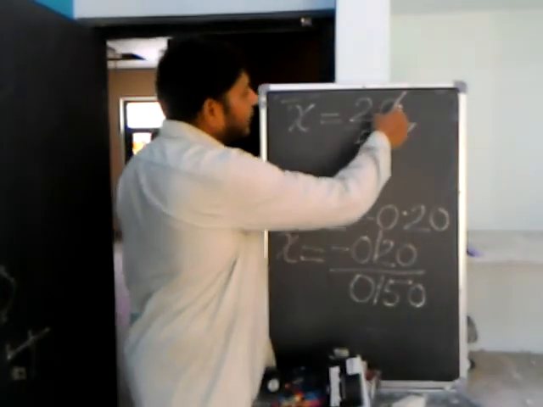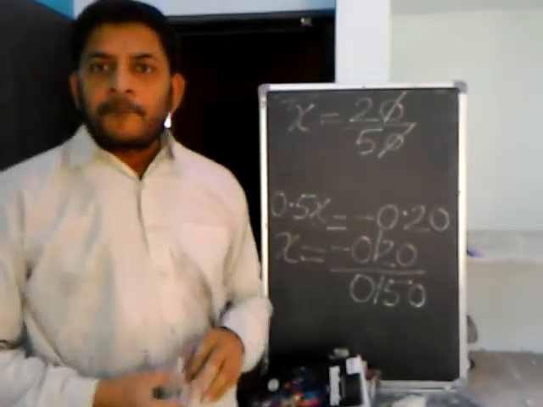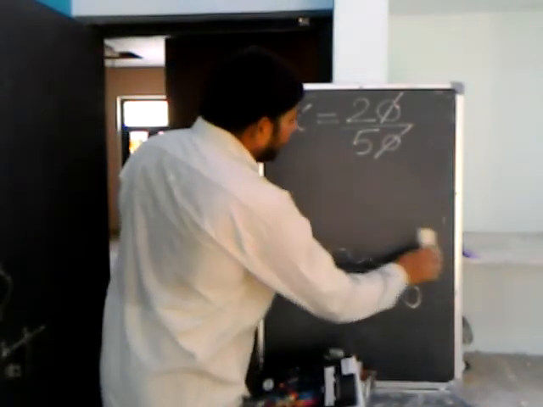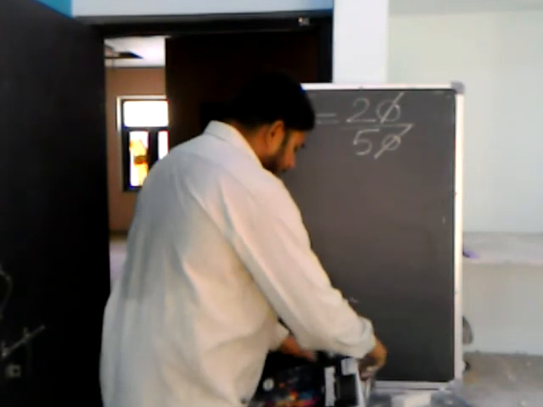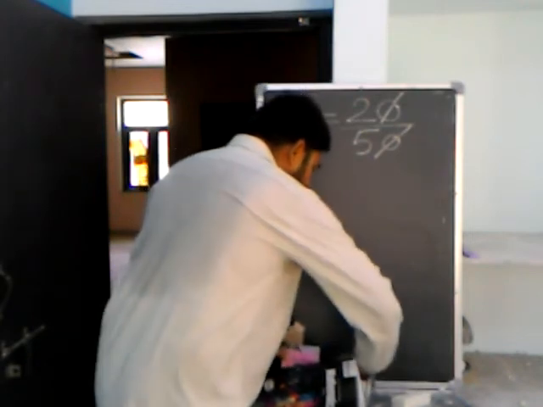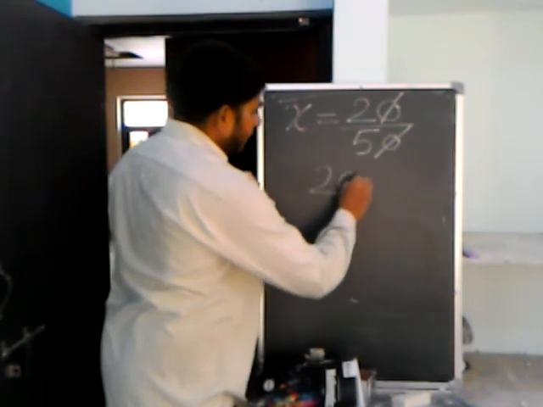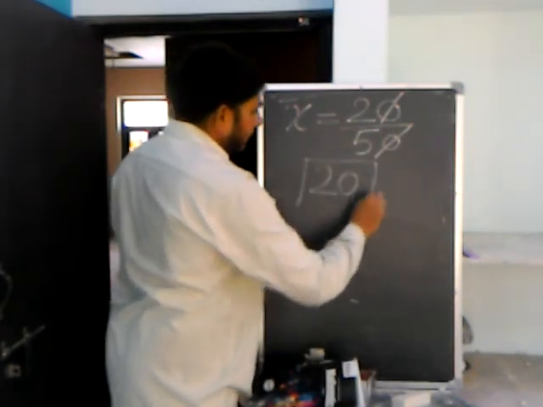So I cancel out this 0 with this 0, the minimum number of zeros. Or if you are getting confused, let me do it simply. I will simply divide 20 by 50.